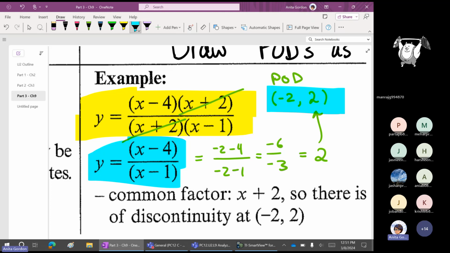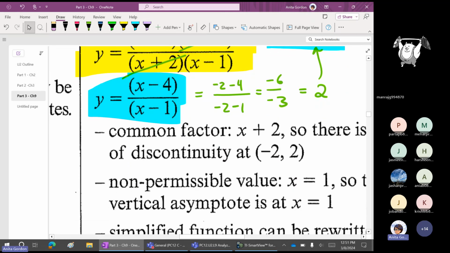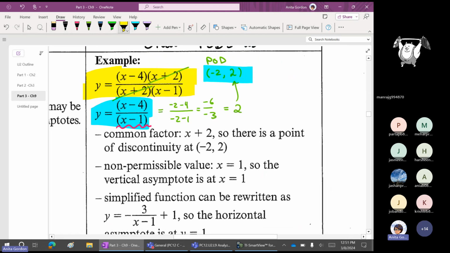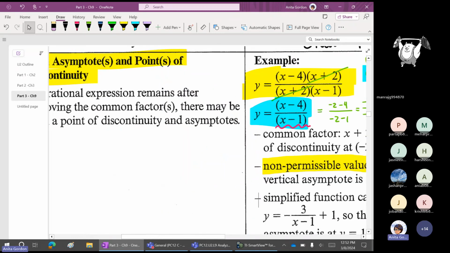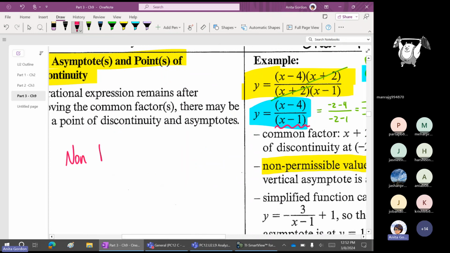I also know that there is a factor in the denominator that I cannot factor out. So this represents essentially the h, right? X minus h. I know I have a non-permissible value. I'm going to write this in here. Non-permissible value.